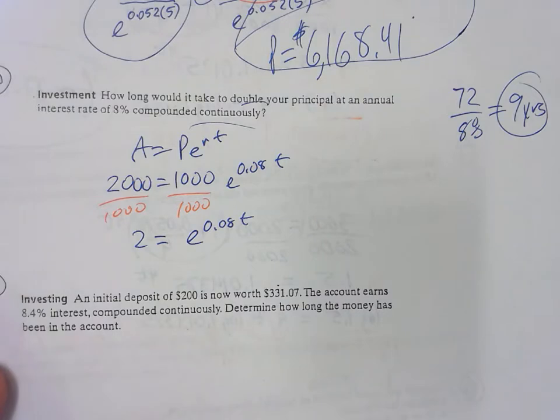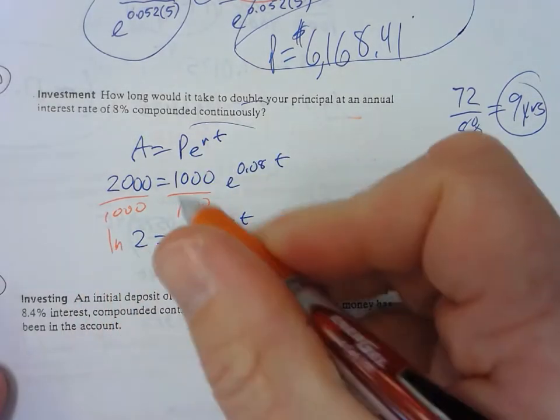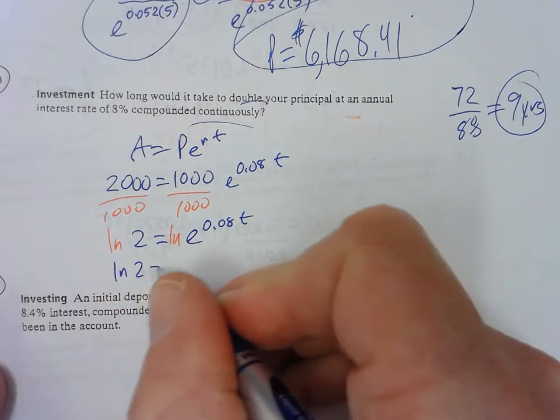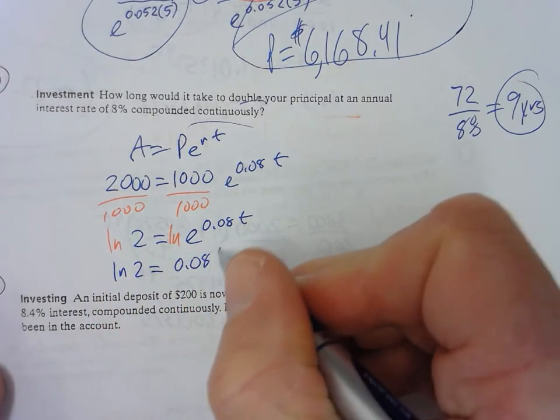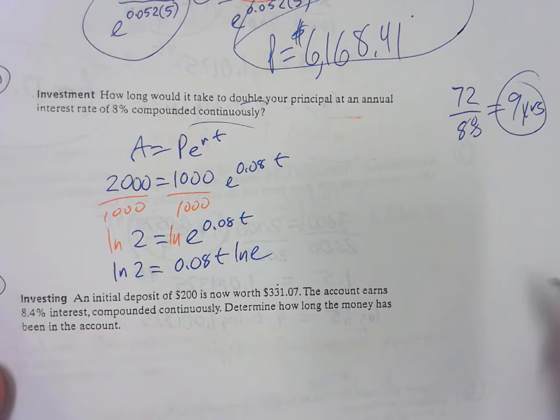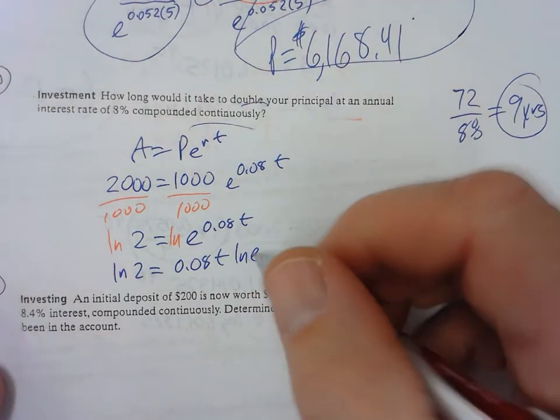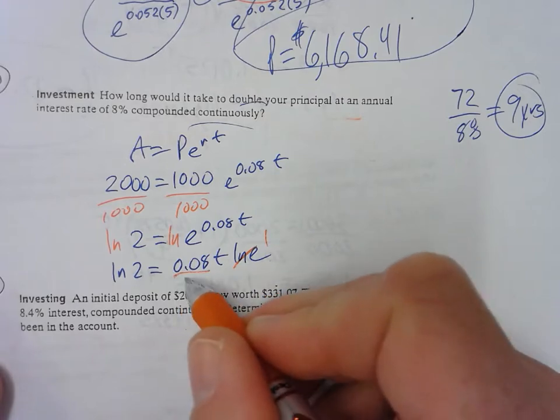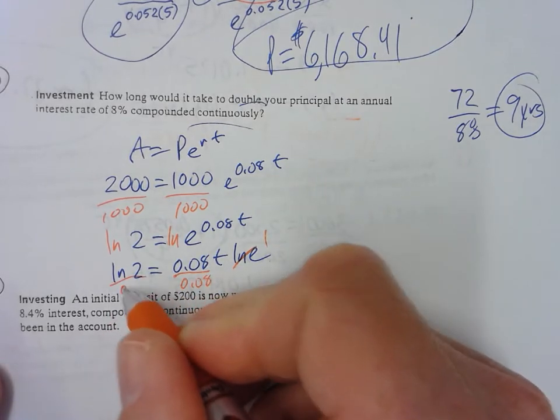to the 0.08T. Then we're going to take the natural log of each side, which brings the exponent down to the front. Natural log of 2 is equal to 0.08T natural log of e. The natural log of e is 1, which is why we use that. So all I have to do is divide over 0.08.